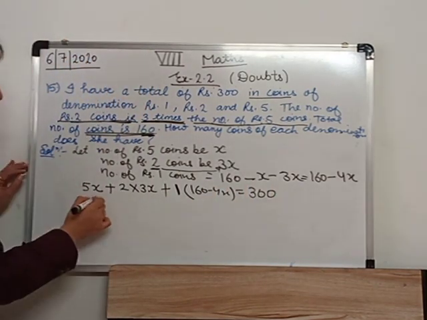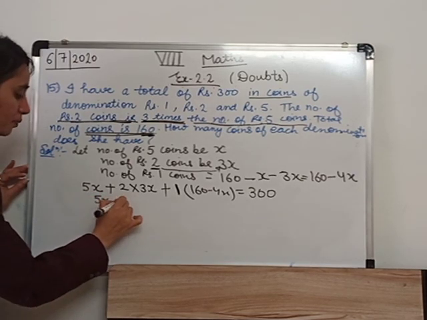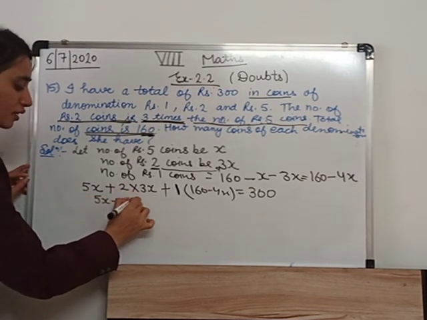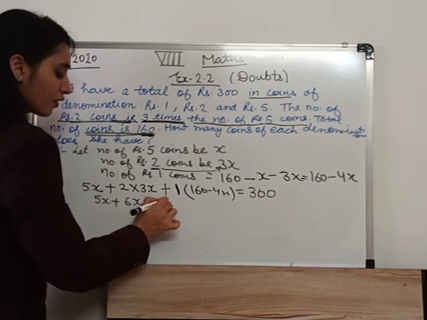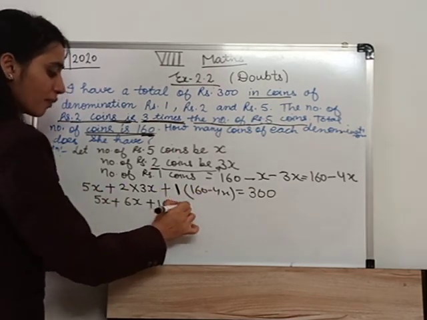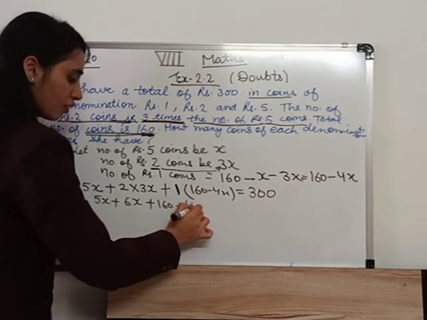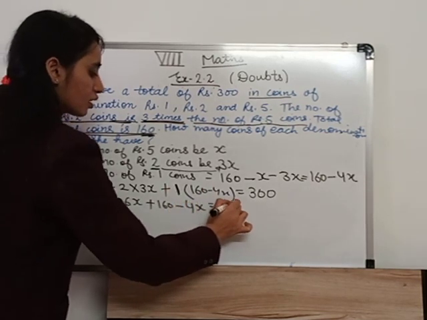Understood? Now solve this equation. 5x plus 2 3s are 6x, plus when 1 is multiplied by 160, then 160, plus minus 1 4s are 4x, is equal to 300.